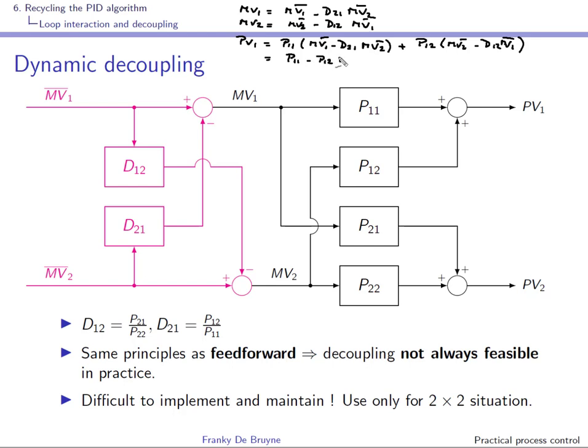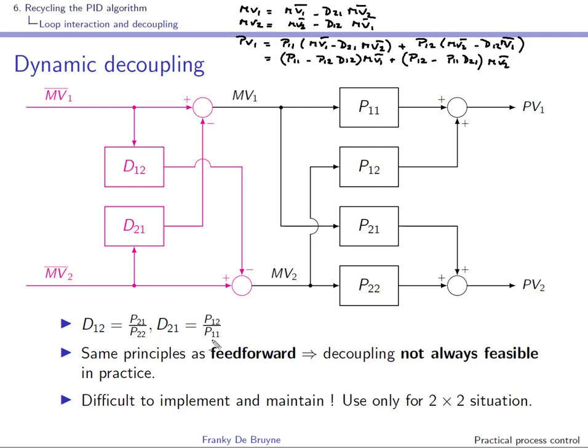P12 D12 MV1 bar, and we'll regroup the terms involving MV2 bar, and we'll have here P12 minus P11 D21 MV2 bar, right?